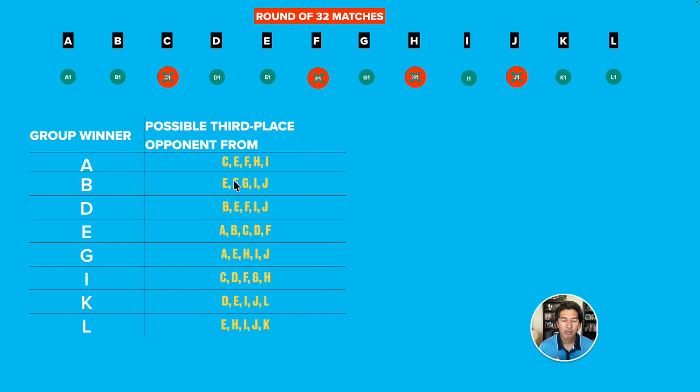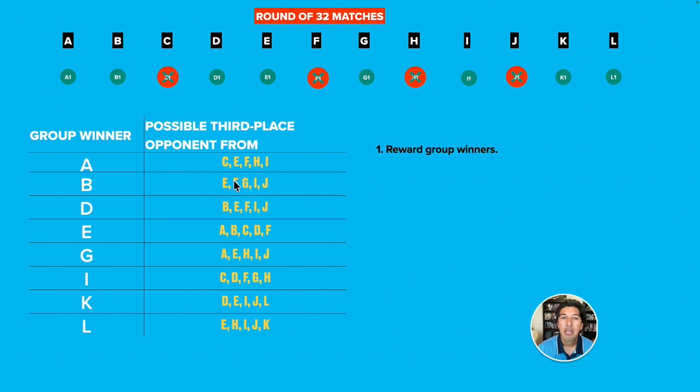So is there a formula to then, once you have this table of the third place teams, determine who goes in here? There's really no formula, because you can have so many variations of which teams qualify as third place teams. But let's go through an example so that you can actually see what FIFA is going to have to go through. They're going to have to do it manually.